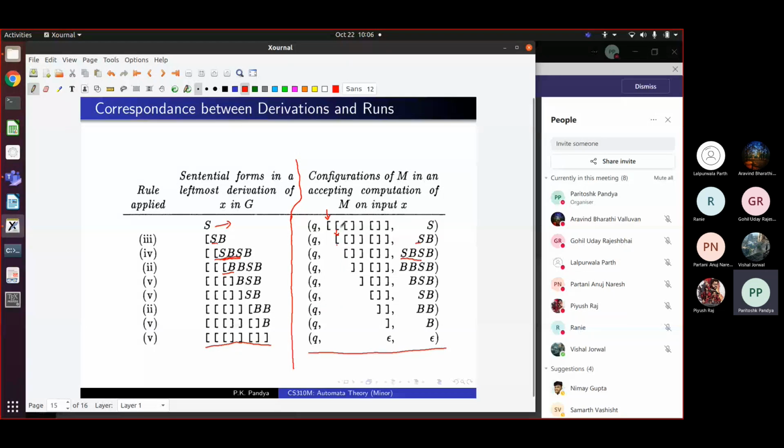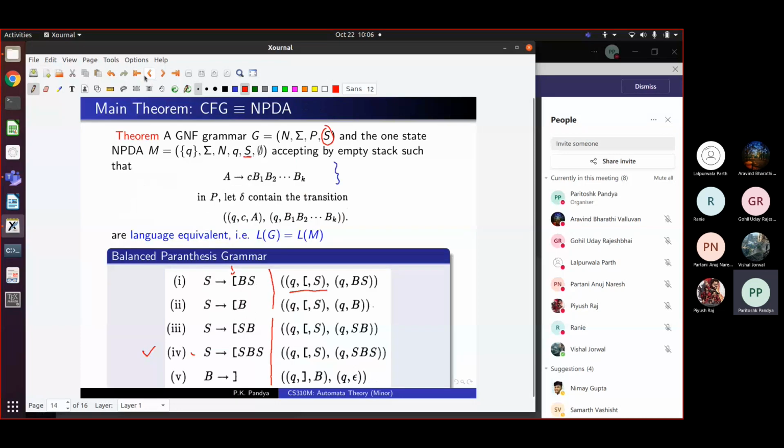And so you can see that whatever can be derived in the grammar is exactly what is accepted by the automaton. So you have to study this correspondence by seeing this example. You see it offline, but my theorem is that the language of the constructed automaton is the same as the language of this. And this you can do for any grammar in Greibach normal form, right? So these two are equivalent.